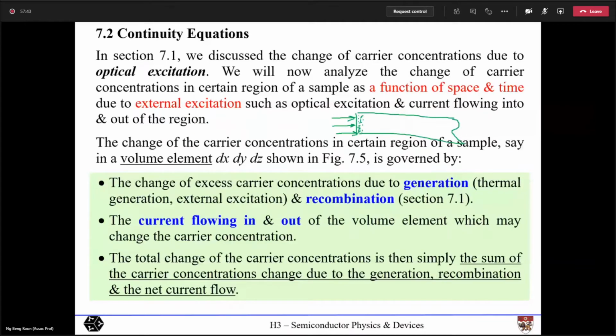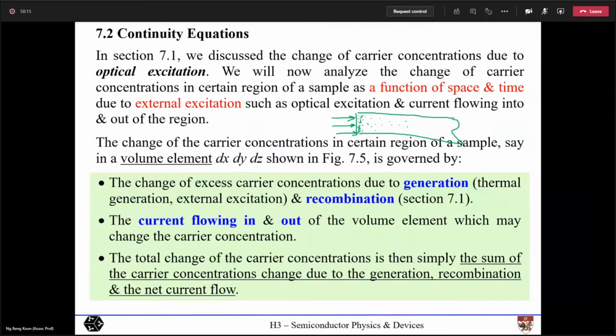What happens to these carriers? They would start to diffuse in the semiconductor, and since they are extra carriers above the thermal equilibrium value, they will also recombine as they diffuse. So you get two effects going on: diffusion and recombination of these extra carriers.